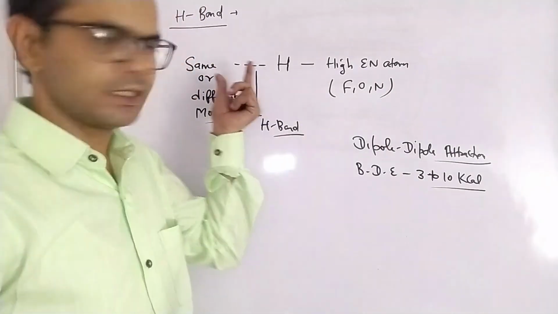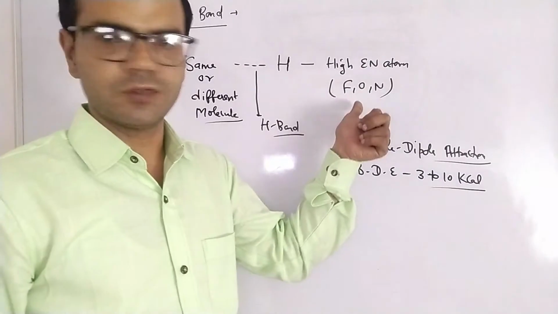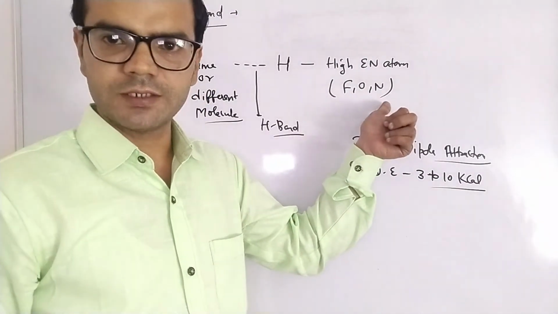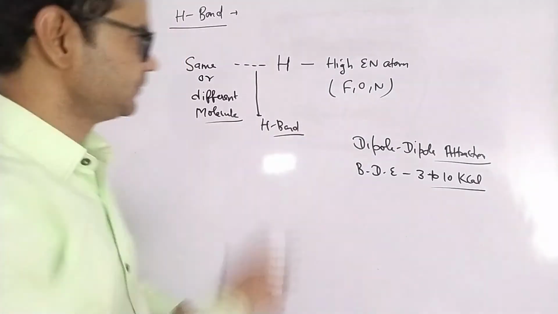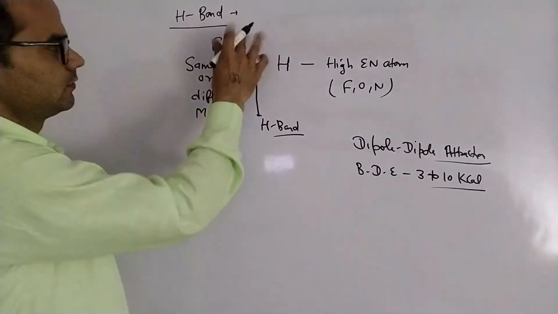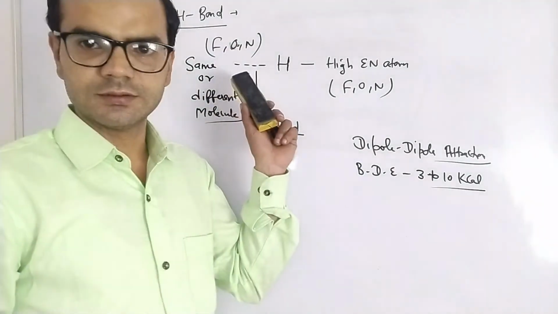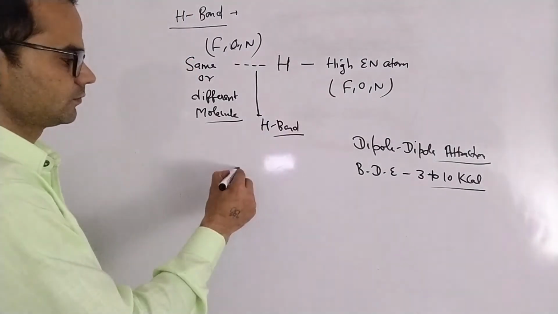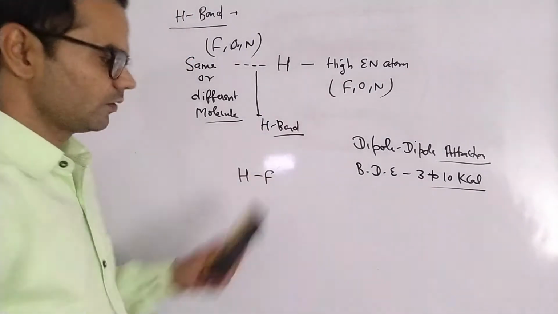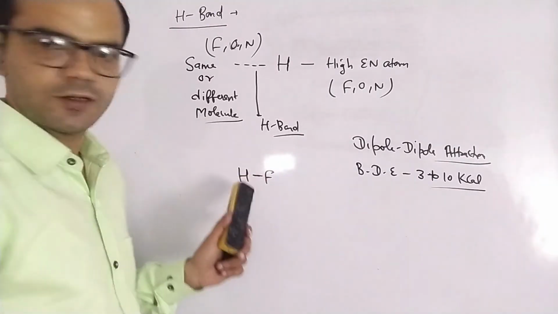Why? Only weak electrostatic force of attraction when hydrogen is attached with either fluorine or oxygen or nitrogen. Then it attracts the other electronegative atom like fluorine, oxygen and nitrogen. That is hydrogen bond. For example, we have HF molecule. In HF molecule, this bond is covalent bond.